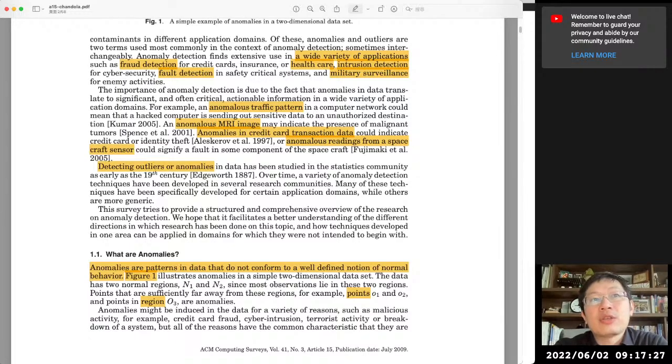But currently, the new transaction is not what they expected, right? So we can do fraud detection, and so on and so forth.